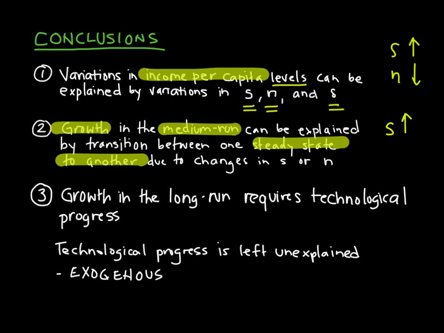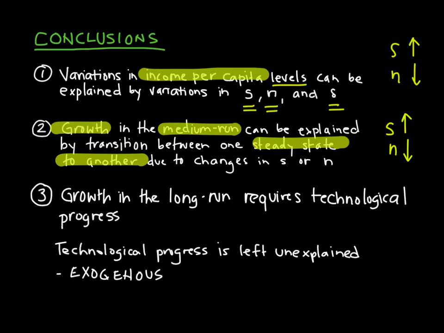So the growth rate of y would be equal to 0. But before we get to this new steady state, there will be some growth in the medium run. So you have growth as you go from the old steady state to the new steady state. But when you get to steady state, growth would stop. And the same would be true if you were to lower the population growth rate: you get a higher steady state, and in the medium run, you will grow to that new steady state.